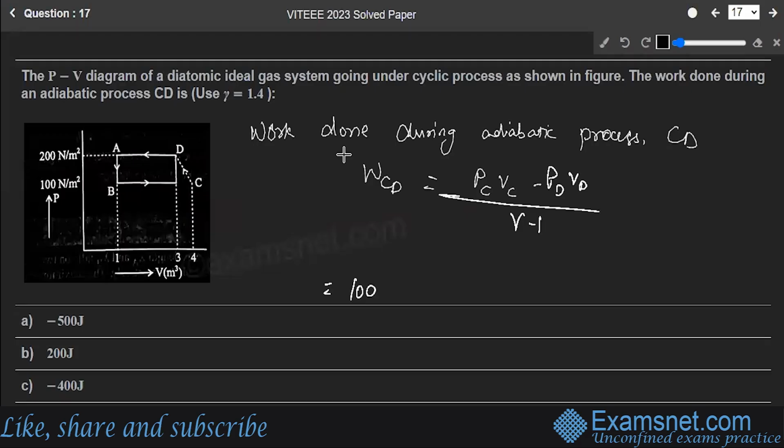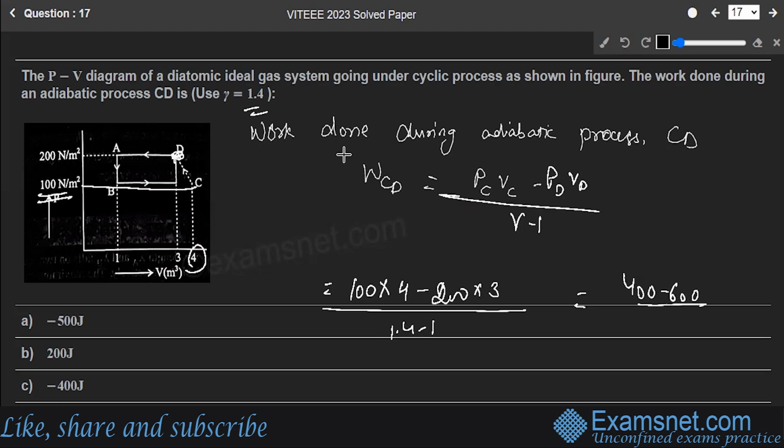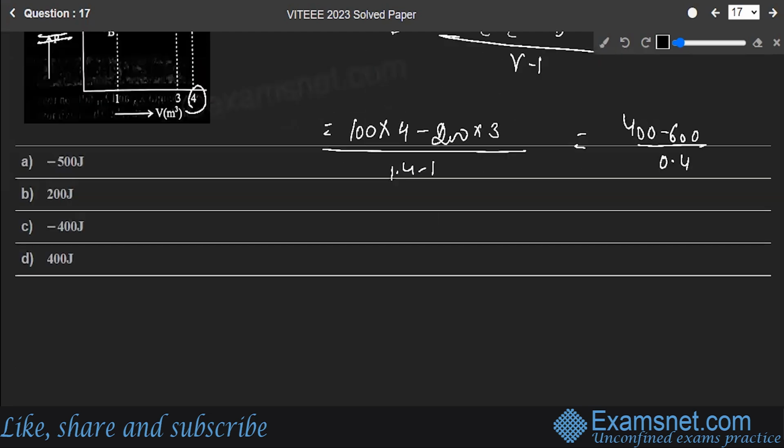This is equal to 100 in the figure. This is 100 into volume is, let's see it over here, volume is 4, minus PD, that's 200 into 3 upon 1.4 minus 1. This is equal to 400 minus 600 upon 0.4. And this is equal to minus 200 into 10 upon 4, or this is minus 500 joules. So you have A option as the correct answer.